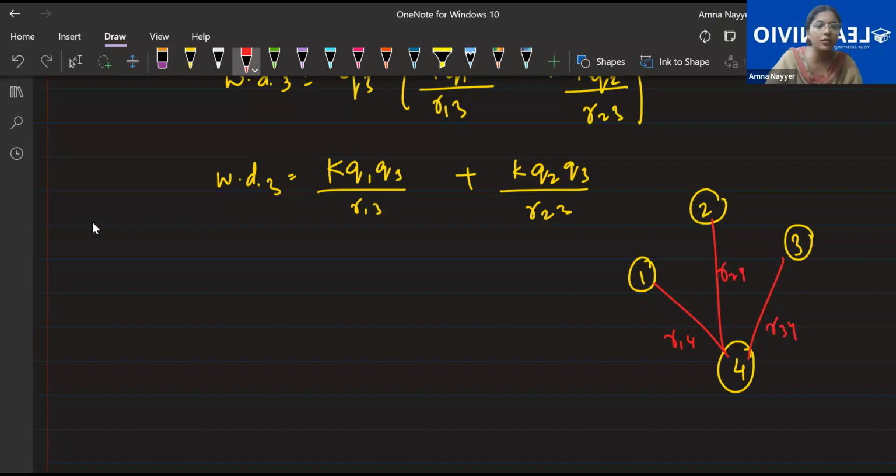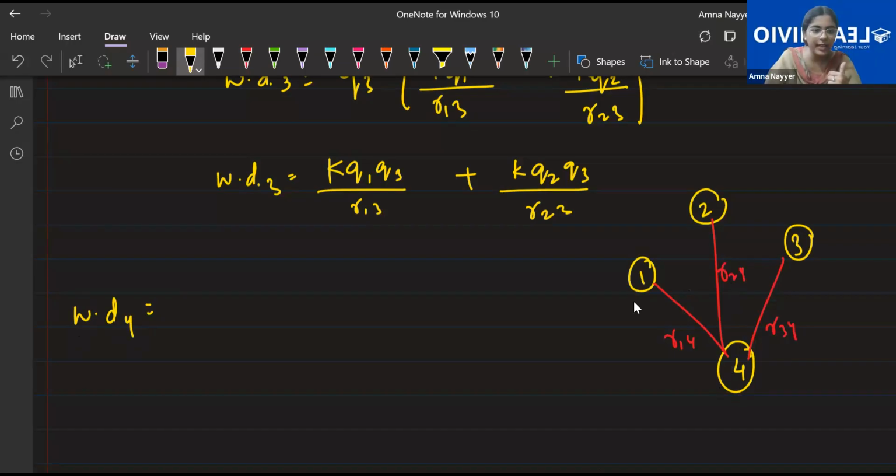So see class, when you are writing the work done for the 4th charge, there are 3 forces possible, so 3 potential energies will be there. With this, with this, with this.